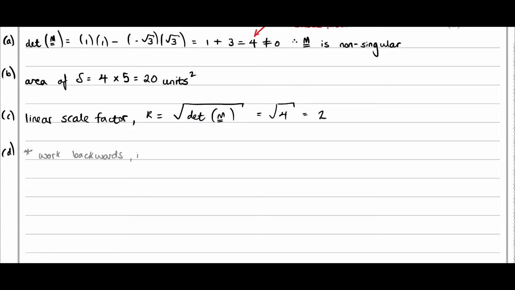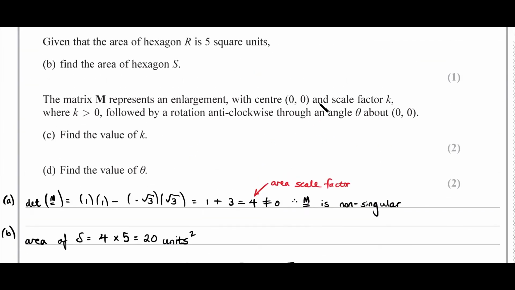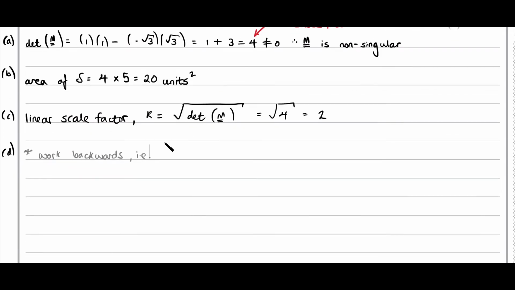In other words, in the question we were told we have an enlargement followed by a rotation. So when we work backwards, we do the rotation first, followed by the stretch or the enlargement.